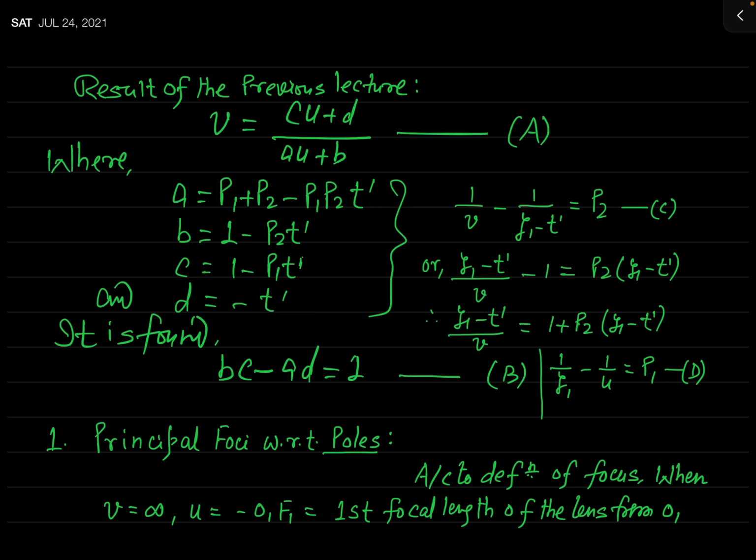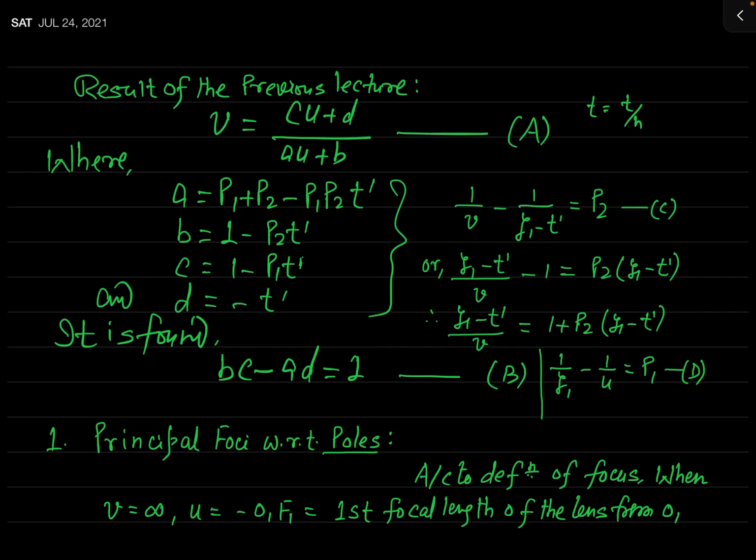In fact, in these results, P1 and P2 are the refracting powers of the first and second surfaces, and T prime is T over N, where T is the thickness of the lens and N is the refractive index of the material of the lens.